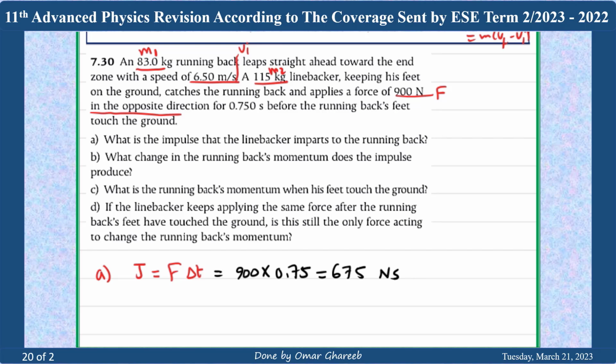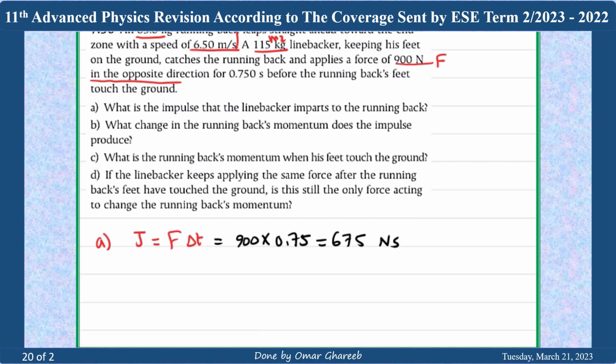Now I need to find what change in the running back's momentum the impulse produces. The change in the momentum is the impulse, and the impulse is 675 Newton second.